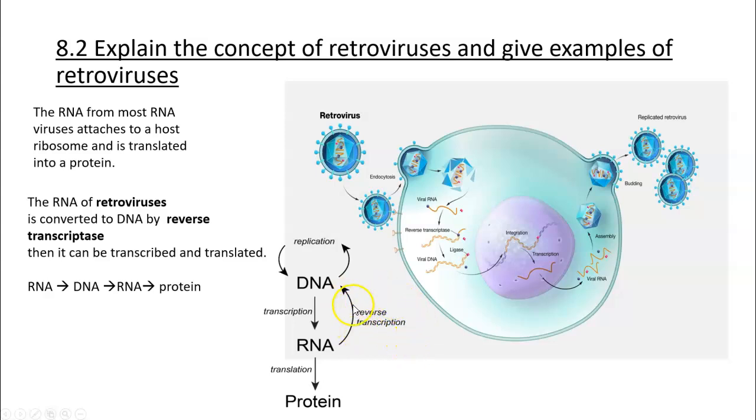Human cells and bacterial cells do not need enzymes to make transcription go backwards, but retroviruses do. And so if you have a drug, and there are drugs that exist that can stop reverse transcription, then you can inactivate those viruses.